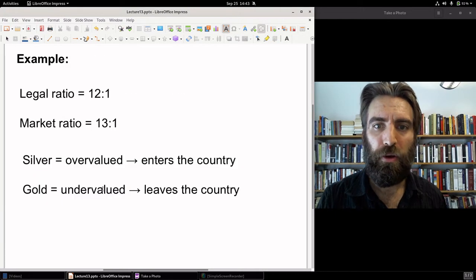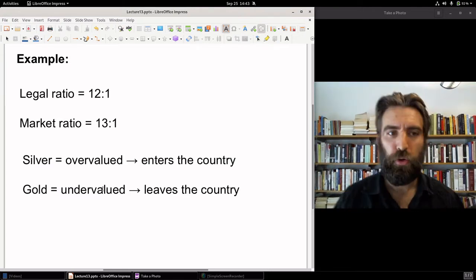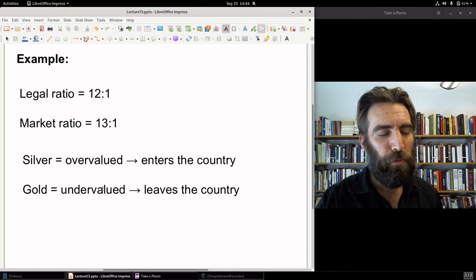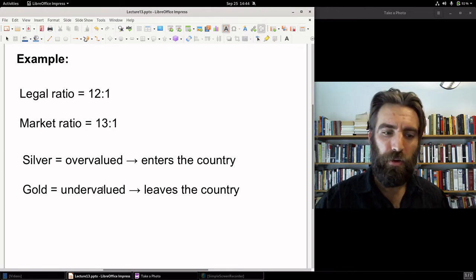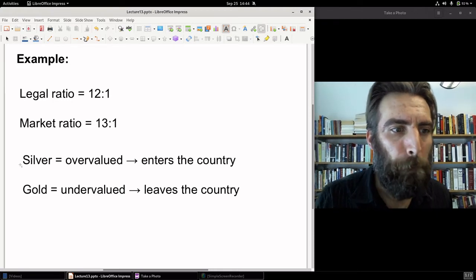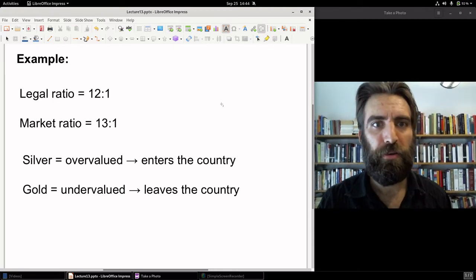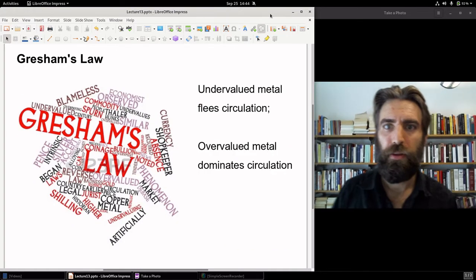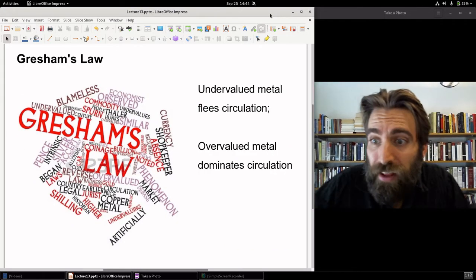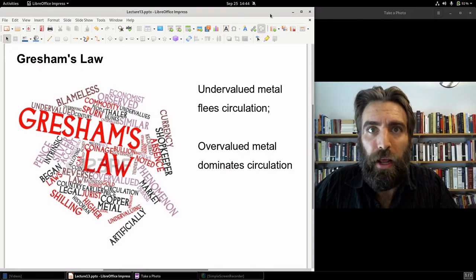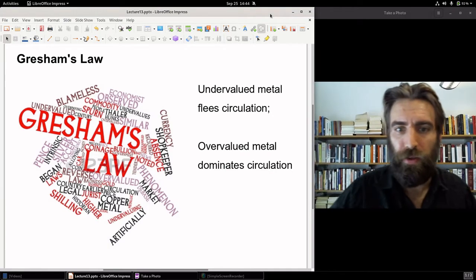And you encounter this situation where in this country there will be more silver than there is gold. There will be some gold perhaps, but it's going to be pretty scarce as merchants recognize that there is this discrepancy at play. Well, there it is. Undervalued metal flees circulation. The overvalued metal dominates circulation.